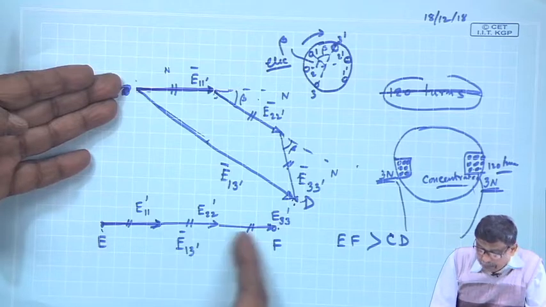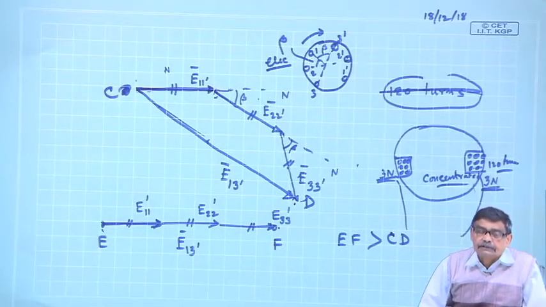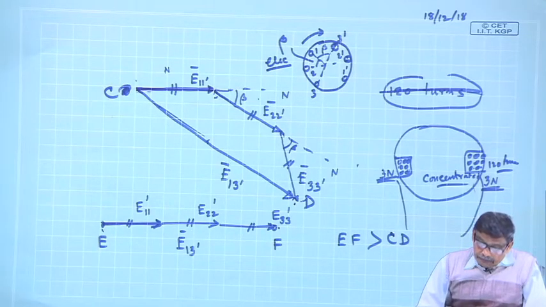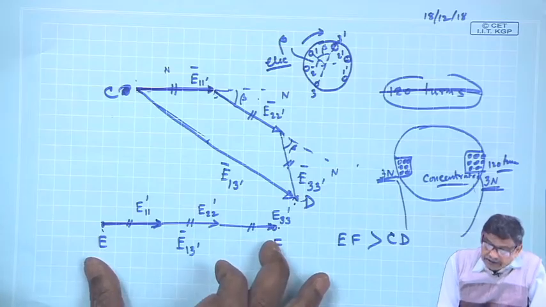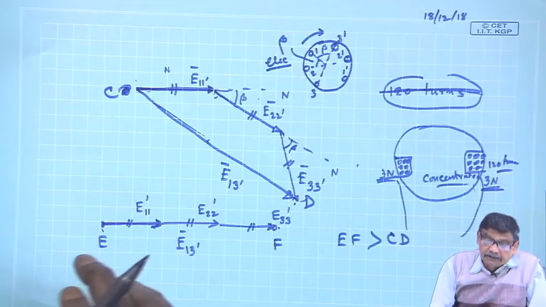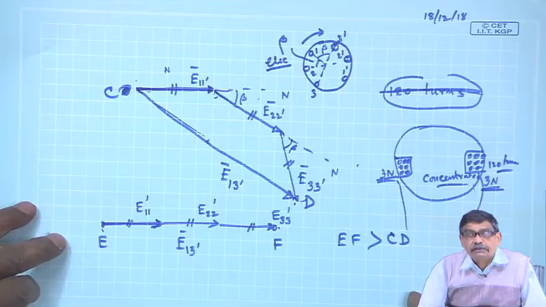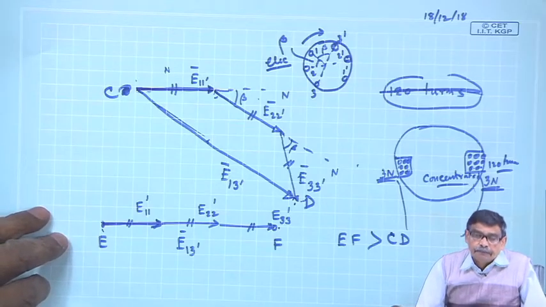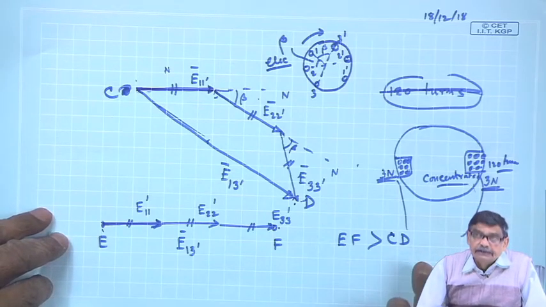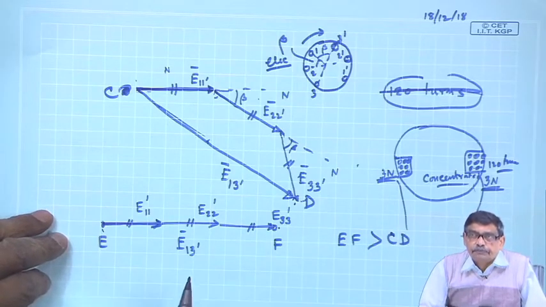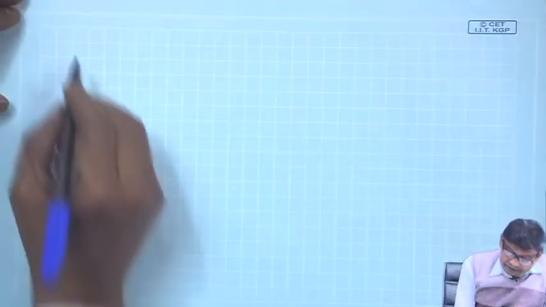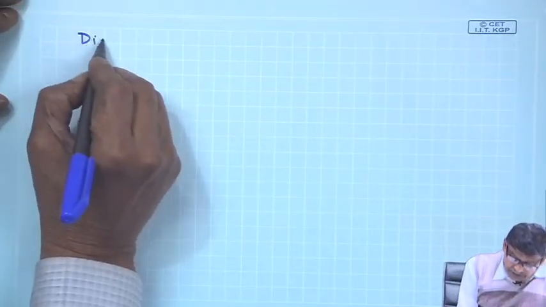Here it is as if algebraically you are adding these 3 voltages. So, I must now compare the resultant voltage available across the combination of the 3 coils connected in series when they are concentrated and when they are distributed, what is their ratio. So, the problem statement is, and in fact, this is called distribution factor.